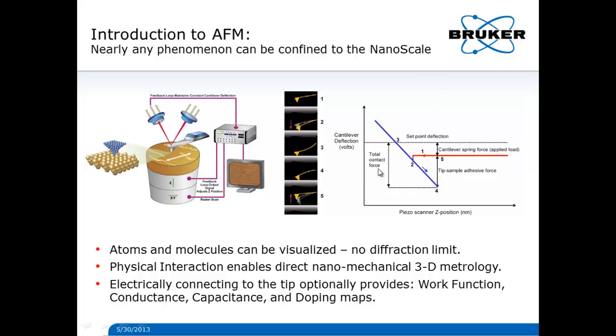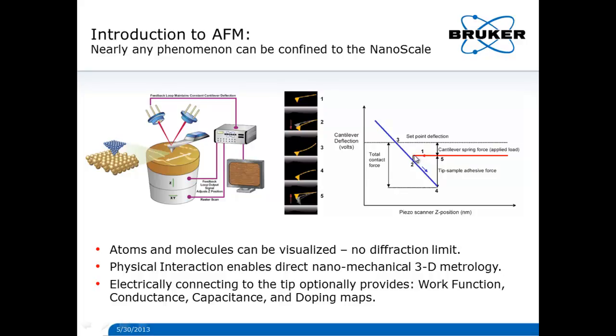So, for example, if you move the Z piezo back and forth, up and down, you can measure the deflection of the cantilever simultaneously. You can make what is called the force curve. Initially you're not touching the surface, so there's no deflection of the cantilever.